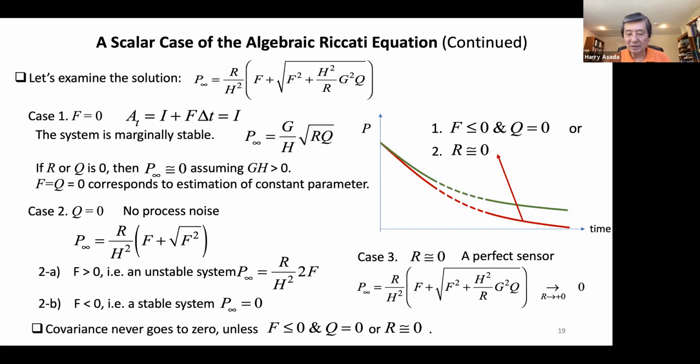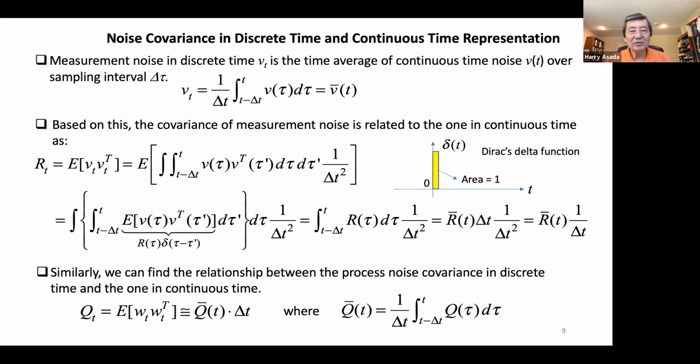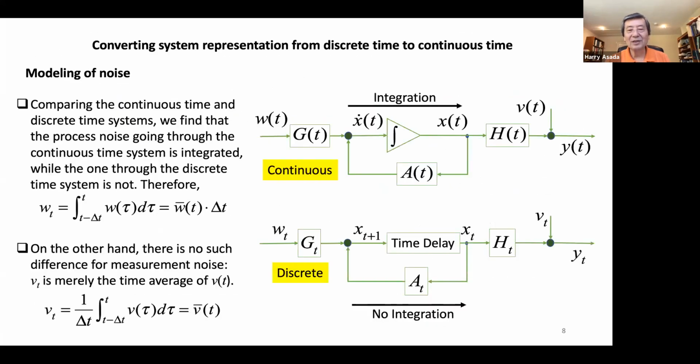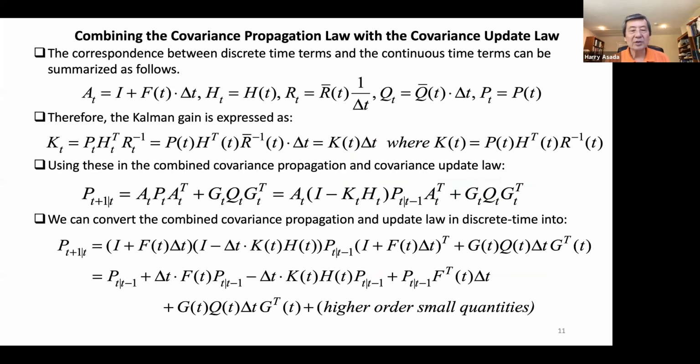Maybe I should recap these things a little bit. Where we are: we spent some time characterizing the covariance and the noise. But the main point is that we reduced the propagation law and update law of covariance into one equation.